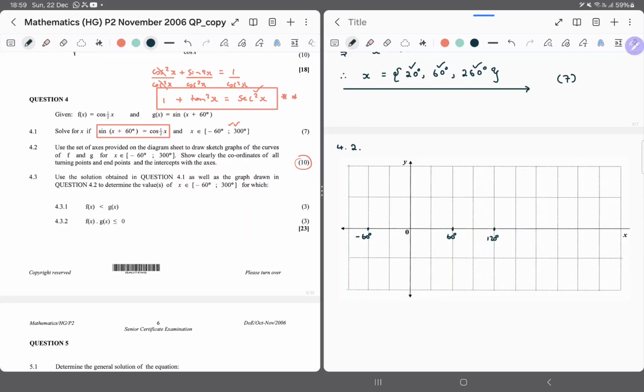And then 30, we get another 60 there, which is 180 degrees. Another 60 gives us 240 degrees. Another 60 lands us at 300 degrees. Okay, good. So we have sorted our grid.